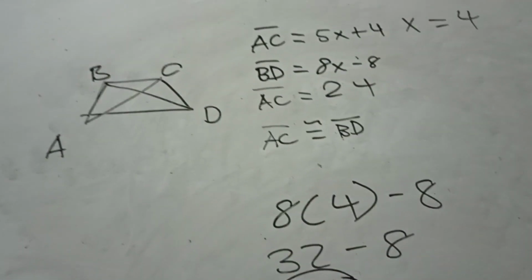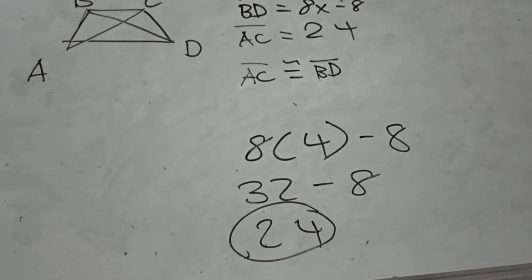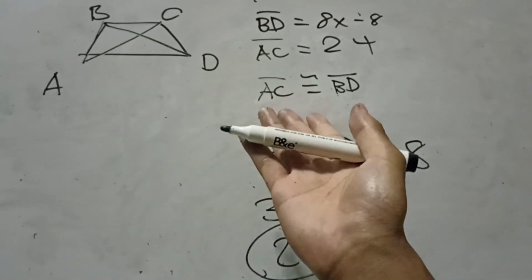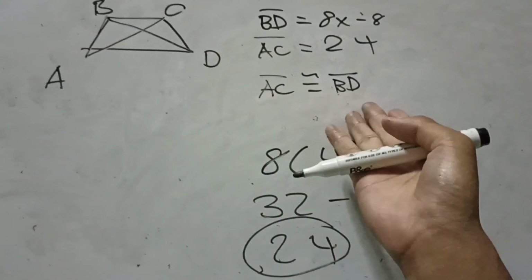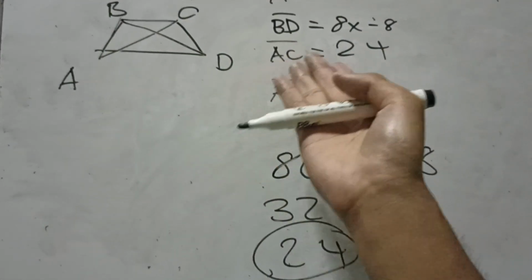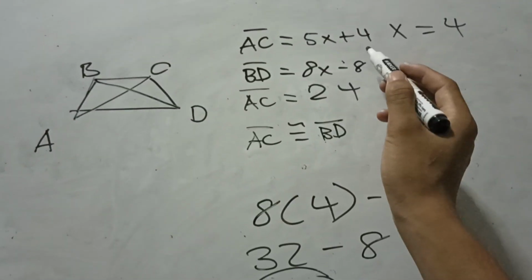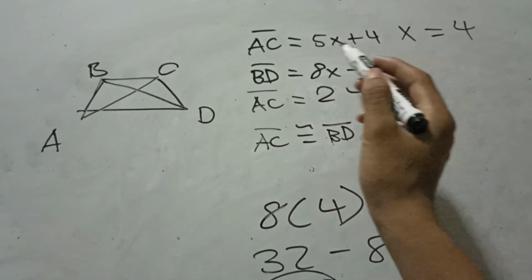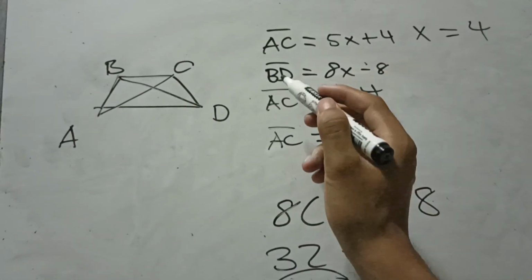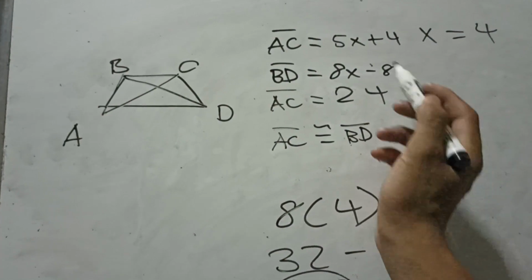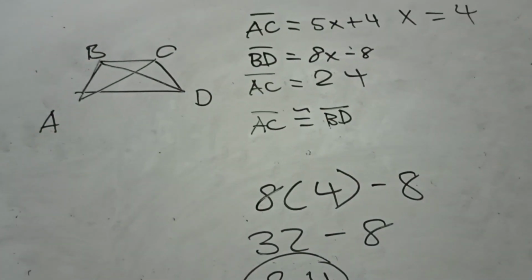So already we can see that we are right because line AC is congruent to line BD. Line AC is equal to 24, and when we solve line BD, we also got the same answer as line AC. So we know that we are correct.